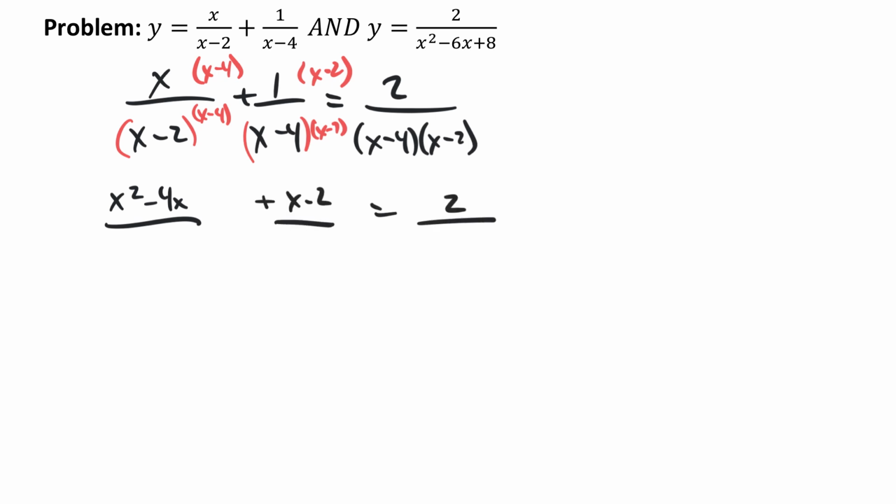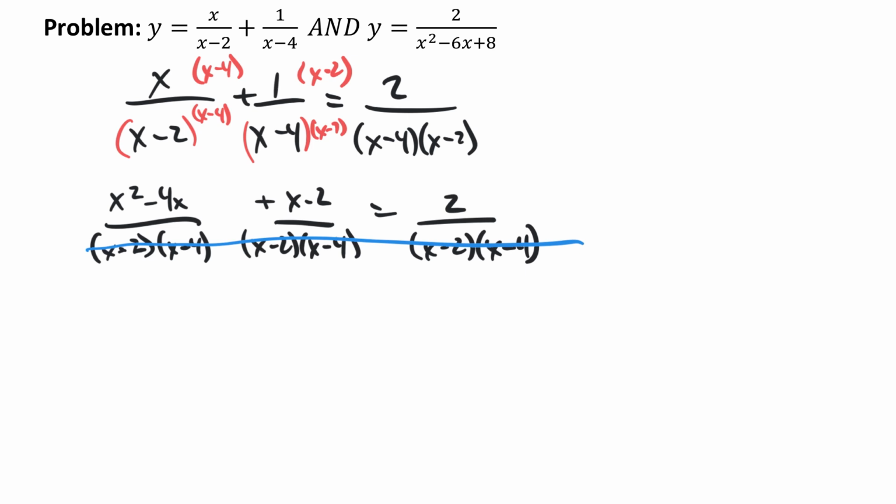And we'd have 2. Now these are all going to be over x minus 2, x minus 4. Since the denominators are all the same on all the fractions, we can simply cross them out. This gives us x squared minus 4x plus x minus 2 equals 2.